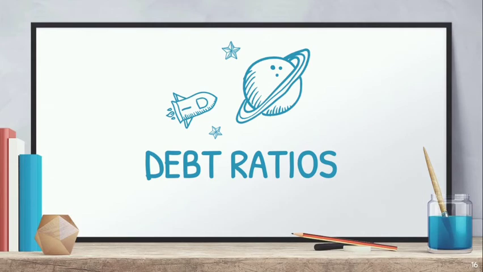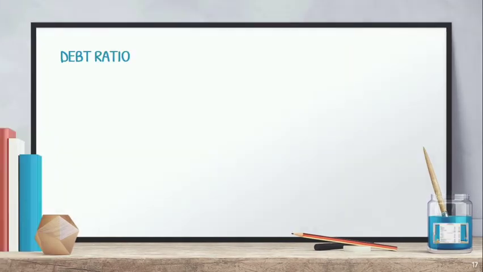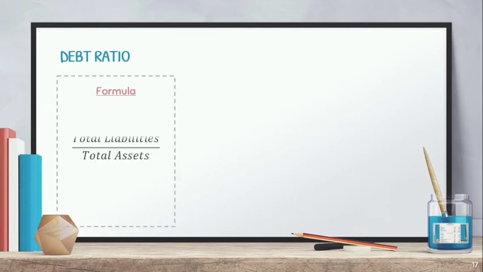Next is we have debt ratios. Debt ratios measures the percentage of funds provided by our creditors. So debt ratio, the formula is total liabilities divided by total assets.